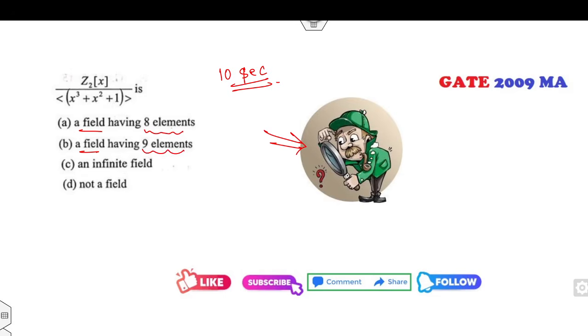Whenever they are talking about the field, your first step always is to check whether this ideal is irreducible or not. Whenever you prove that this f(x) is irreducible, then you can talk about the number of the elements. Now how can you find this in an easy manner?